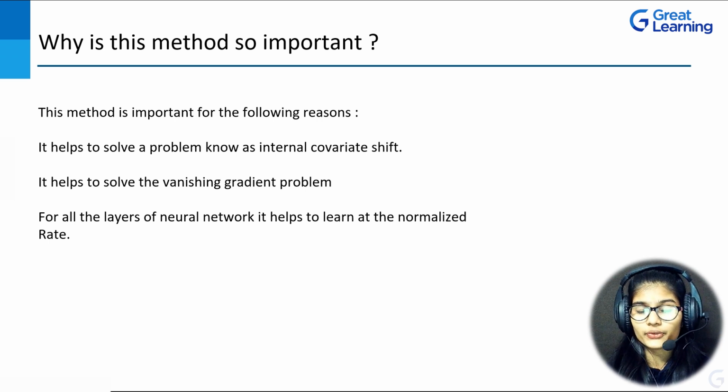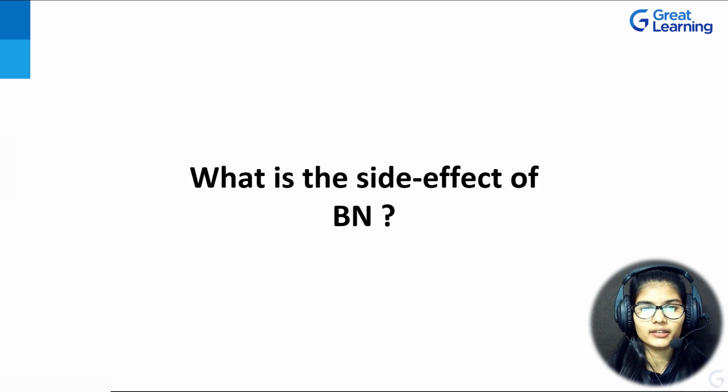Third, for all the layers of the neural networks, it helps to learn at a normalized rate. Learning here refers to the training which is done.